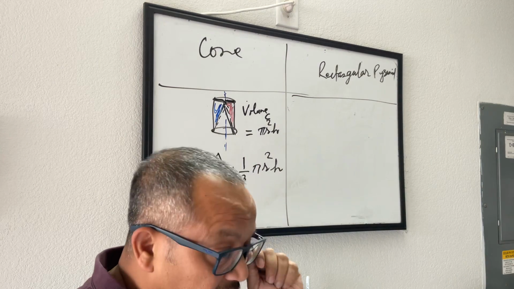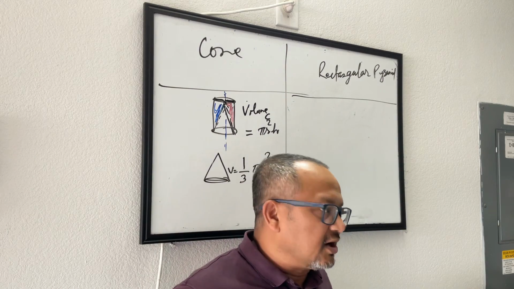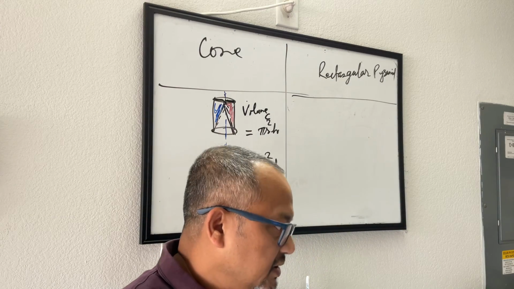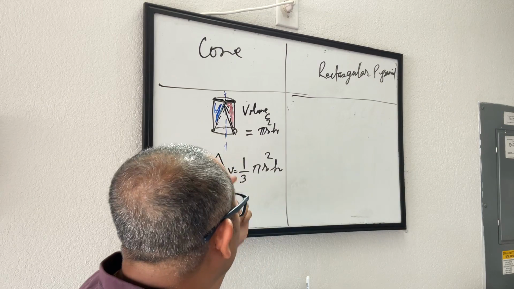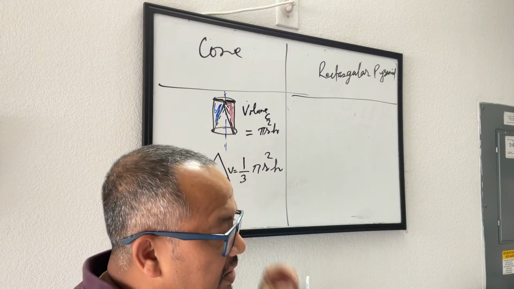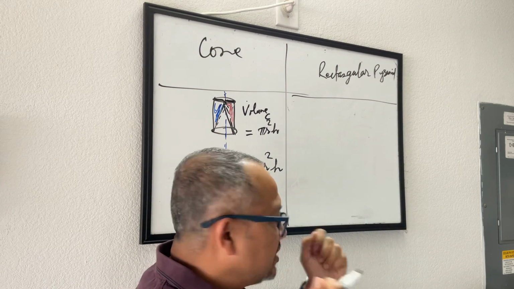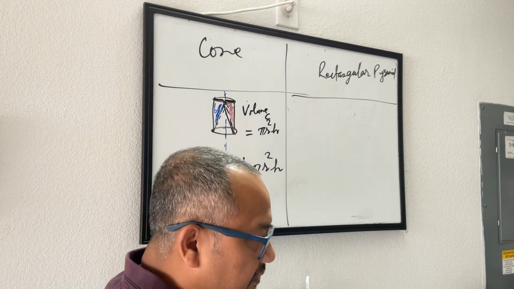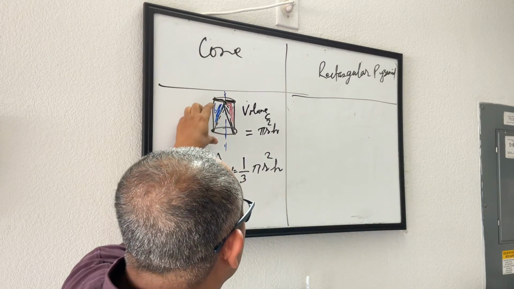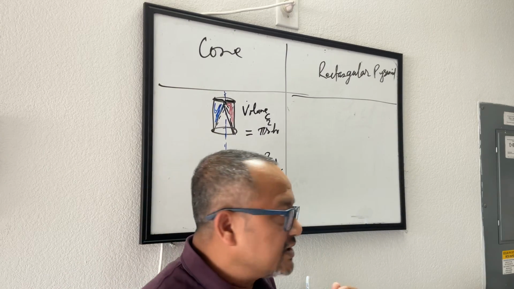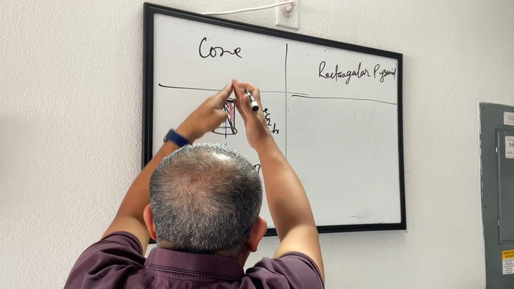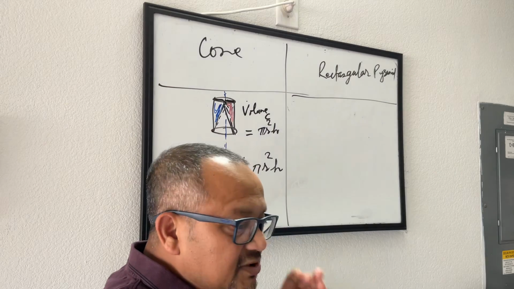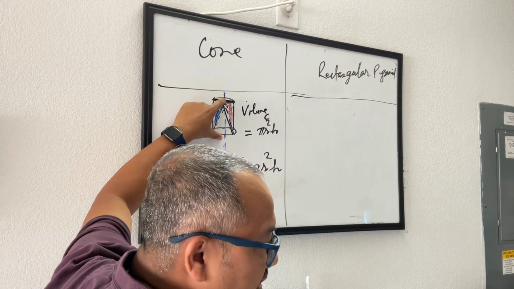Similarly, just because we're not talking about calculus right now in this class, I'm not trying to break it down into the calculus way to find out the volume for you guys. The way you will visualize this is, you have a right cylinder, you can get three same size cones out of it with the same height.